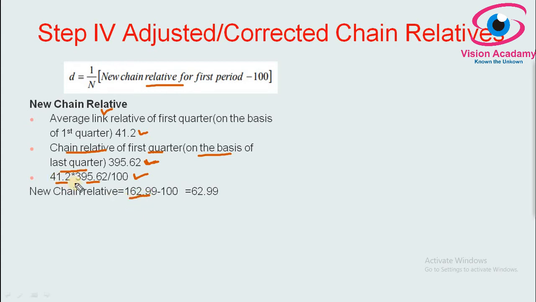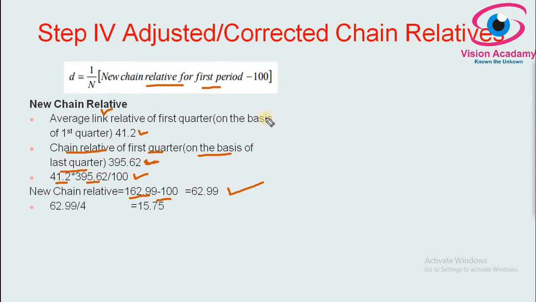When we apply this formula we obtain the new chain relative as 162.99, that is 41.2 into 395.62 divided by 100. Then minus 100, since we have to subtract 100. 162.99 minus 100 is 62.99. It is not finished yet, we shall move further.